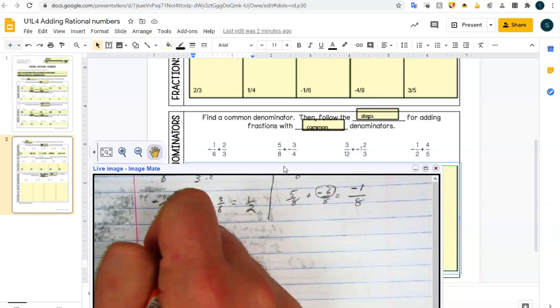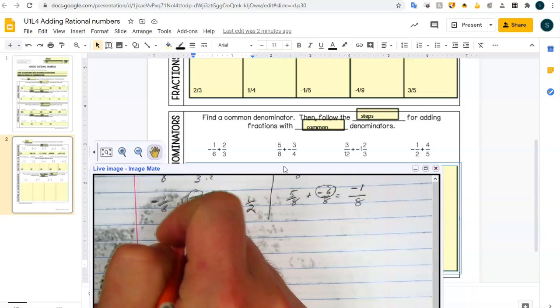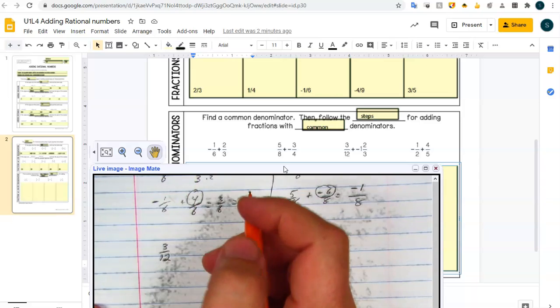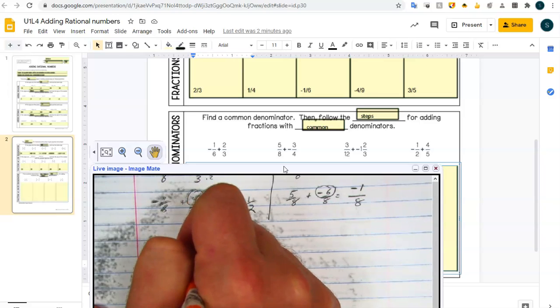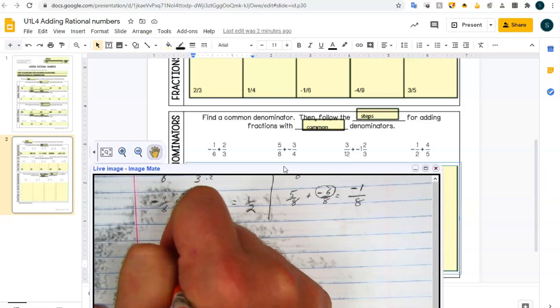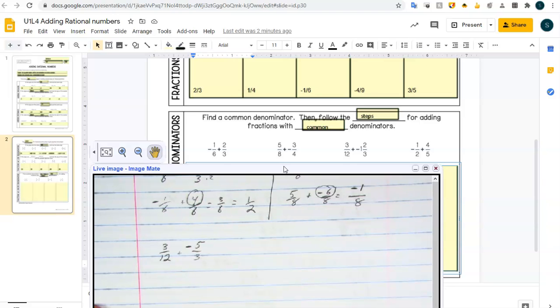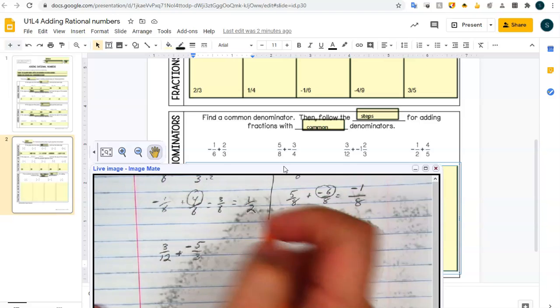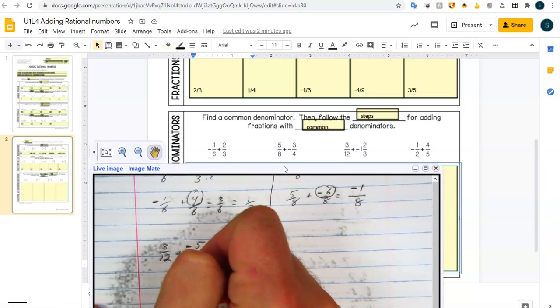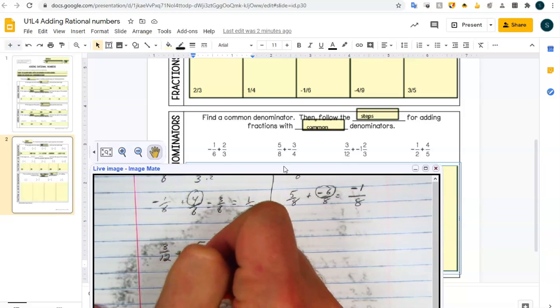Okay, let's look at the next one. So we've got 3/12. Let's turn the 1 2/3 into a fraction. So that's 3, 4, 5. So that's negative 5/3. Now, negative 5/3. Well, 12 is going to be our common denominator. So we're going to multiply the top and bottom by 4.